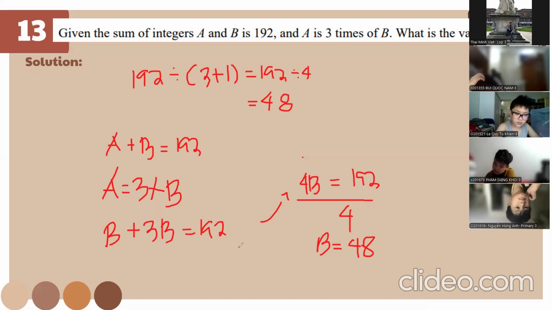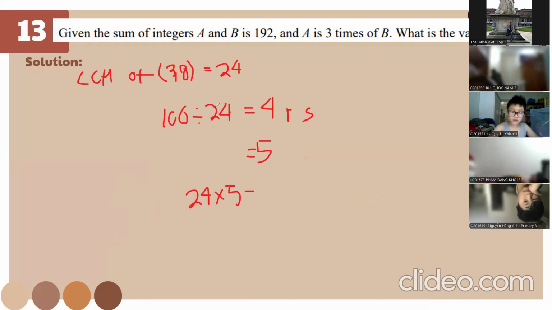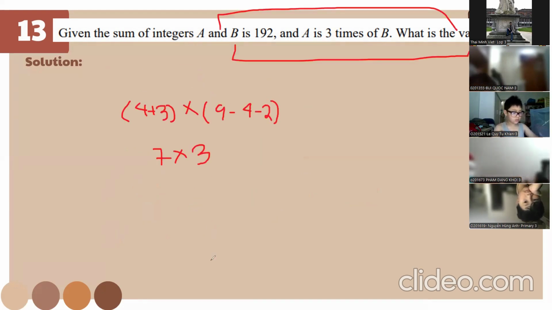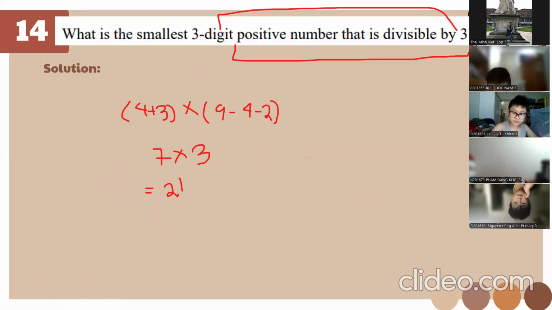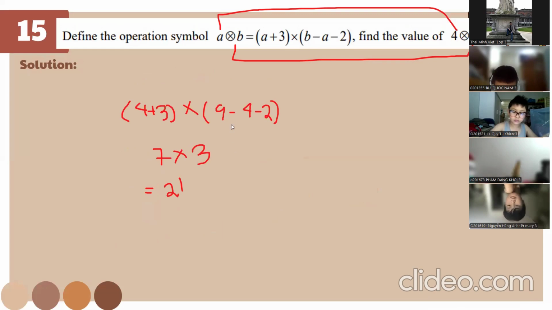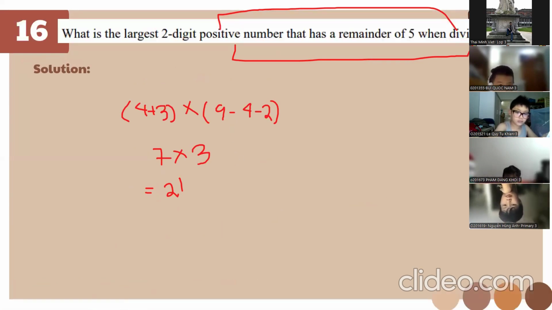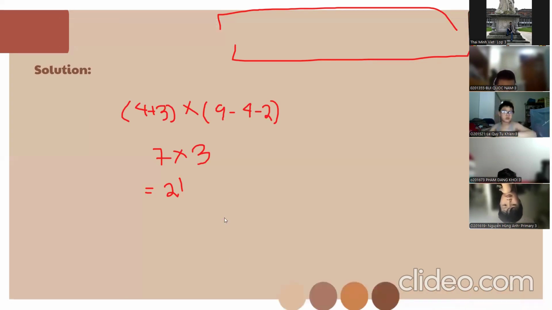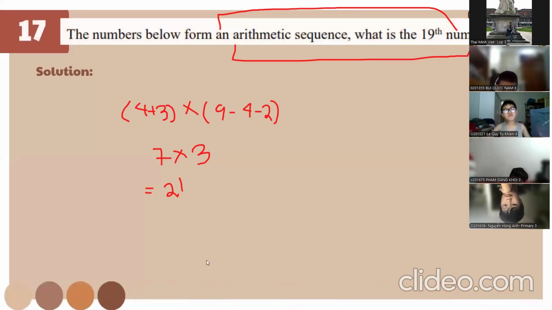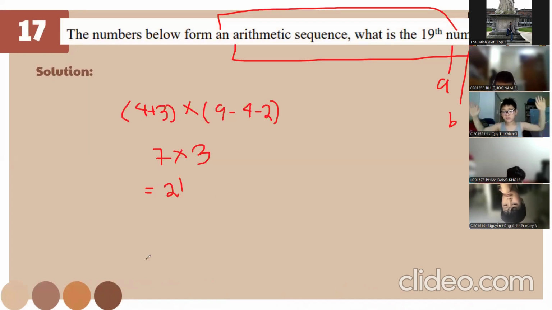Okay, you can just screenshot 1, 2, 3, 4, and 5. So this is number 15 for the last time. Then, okay, let's go to number 17. We are on 17 already.